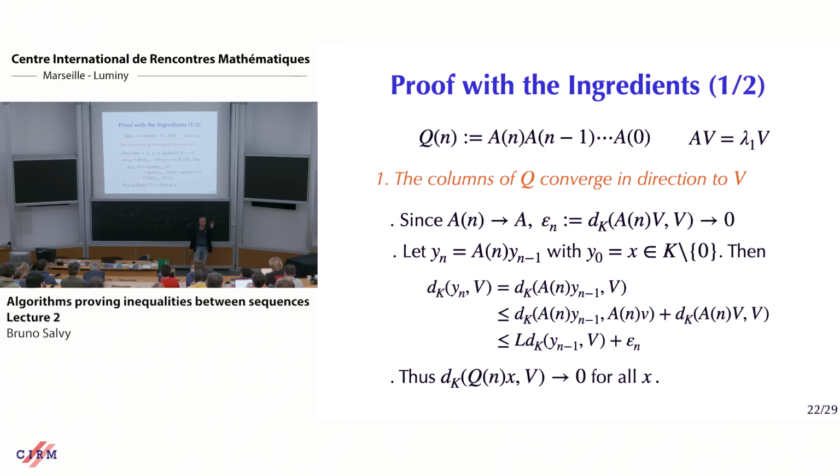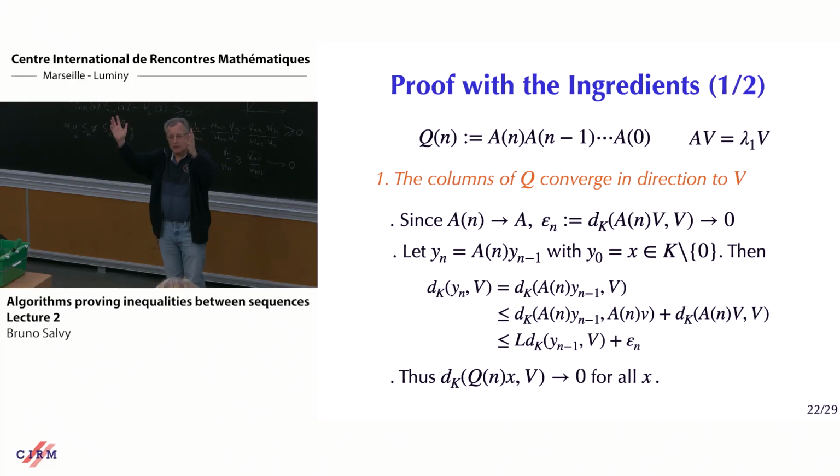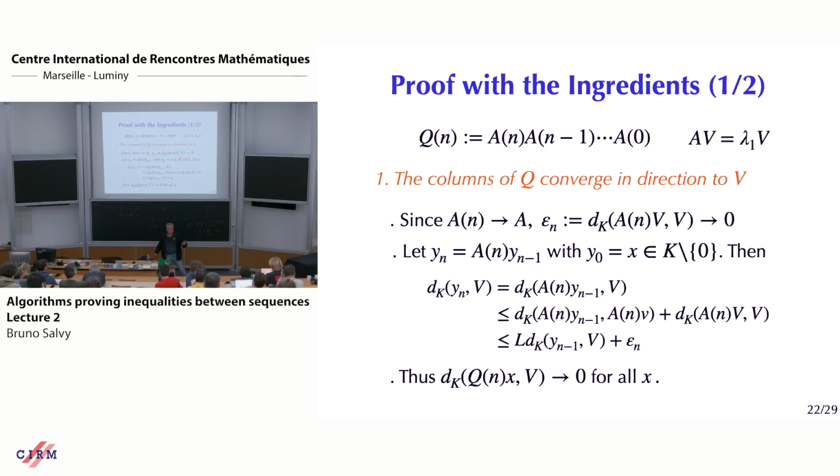In particular, a proper cone is solid, so it contains a basis. So you have a basis of elements, and for each element in the basis of R^d, its direction tends to the direction V. So all the columns converge in direction to V. So that's the easy side.